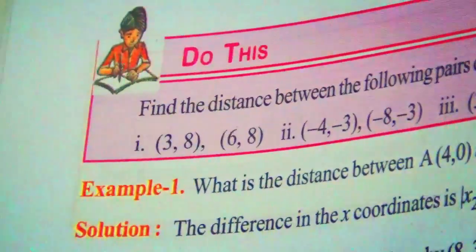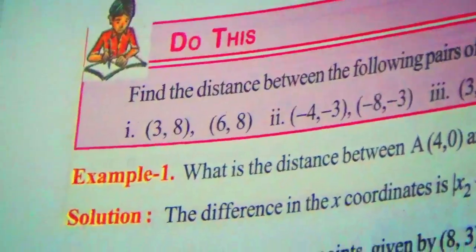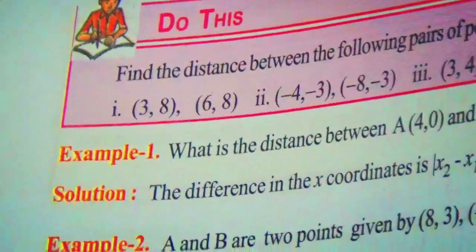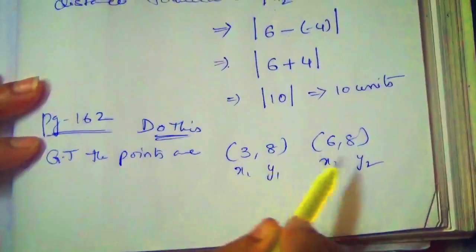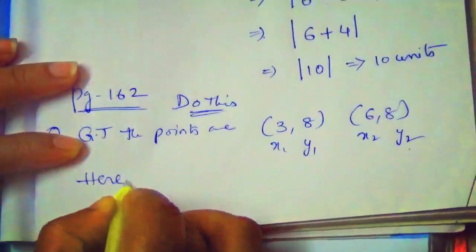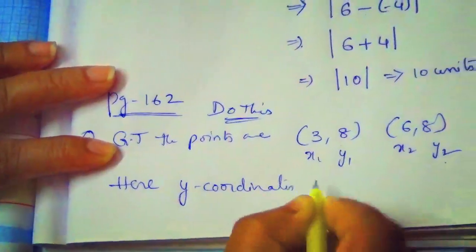First question: the points are (3, 8) and (6, 8). Here x1, y1, x2, y2. The y coordinates are the same.